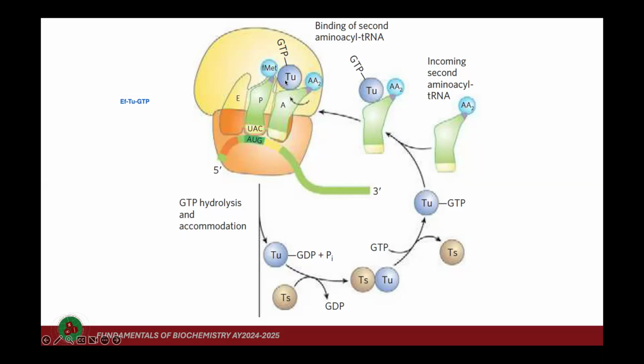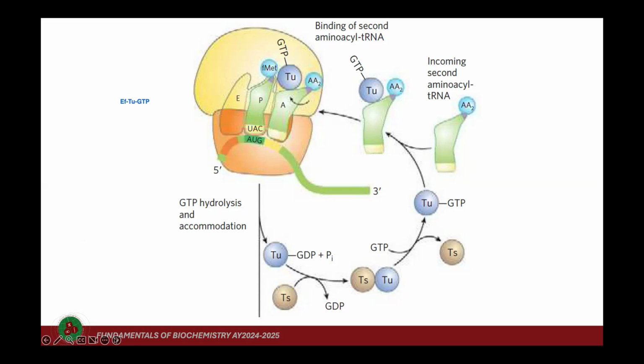So what happens here is once it has correctly positioned the tRNA, the elongation factor will remove itself, and this removal is also driven by energy. So it needs to hydrolyze the GTP there to remove itself. And then what happens here?